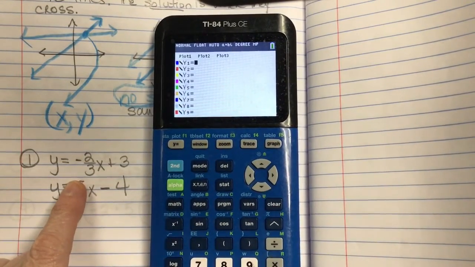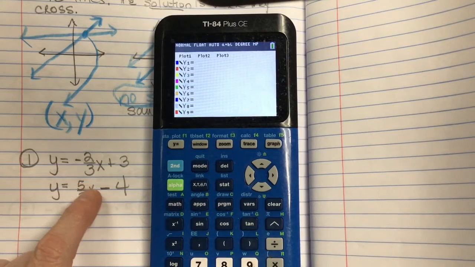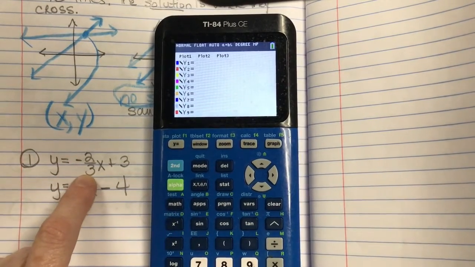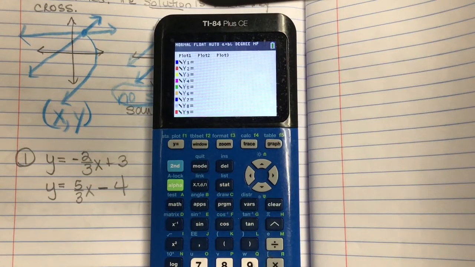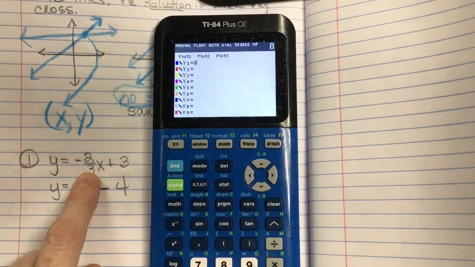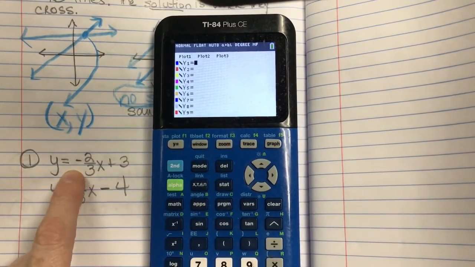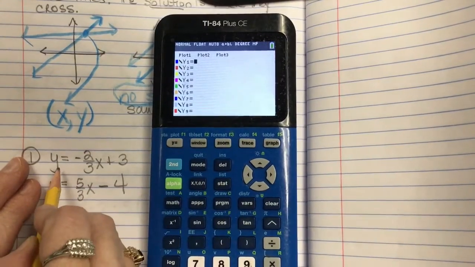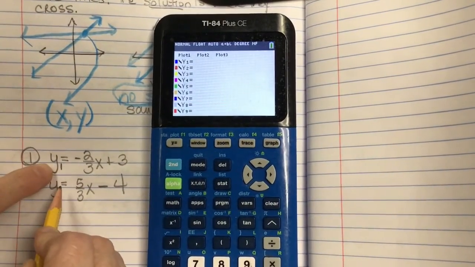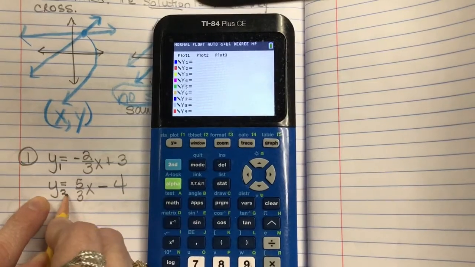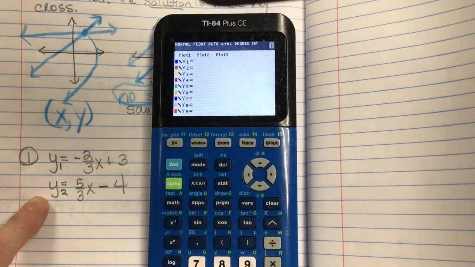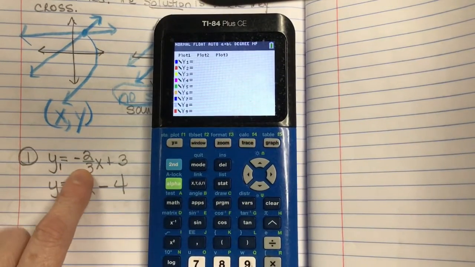Last block this morning with Algebra 2 Honors, I just typed it negative 2 divided by 3x. I did not use that little fraction key. There's a shortcut that you can go straight and make it look like this. By the way, we're going to put this one in y1, so put a little 1 right there, and we're going to put this one in y2. So I'm going to put the negative first.